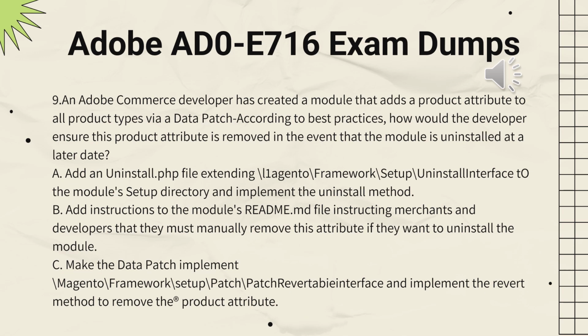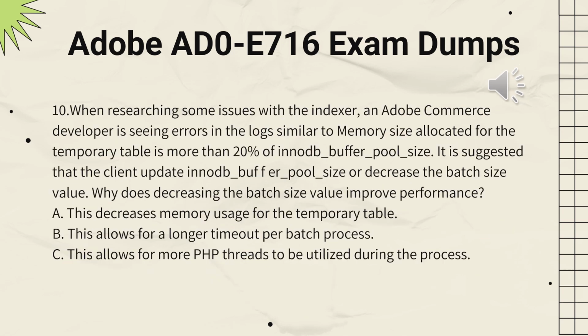10. When researching some issues with the indexer, an Adobe Commerce developer is seeing errors in the logs similar to "memory size allocated for the temporary table is more than 20% of innodb_buffer_pool_size." It is suggested that the client update innodb_buffer_pool_size or decrease the batch size value.